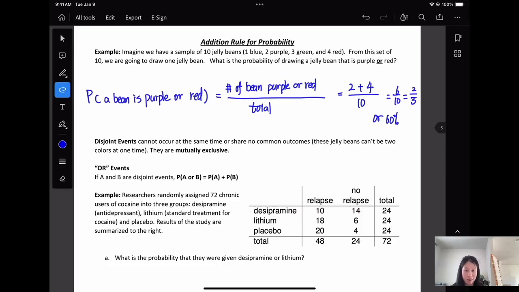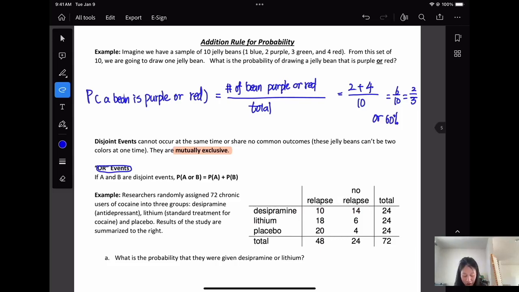They cannot happen at the same time. They are mutually exclusive. So for an OR event, if A and B are disjoint events, the probability that A or B happens is equal to the probability of A plus the probability of B.